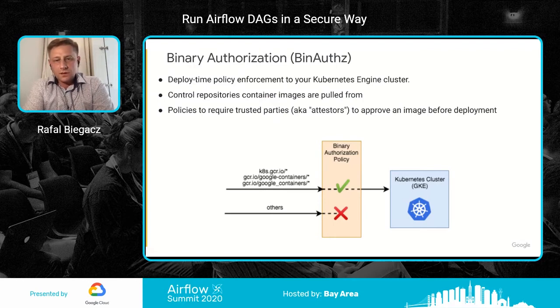And you can end up having very sophisticated attestors that will do additional checks on those containers. One of the popular checks is the integrity of the container. I will talk a little bit about it in the next slide.